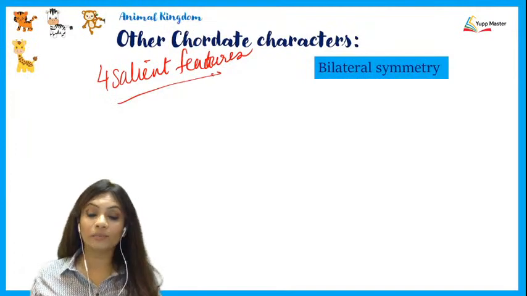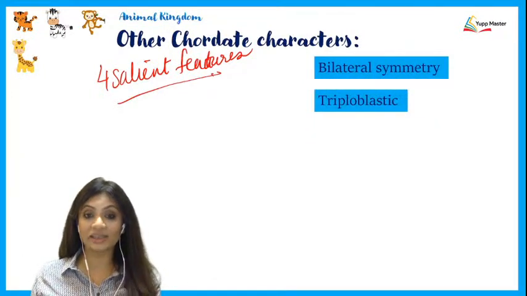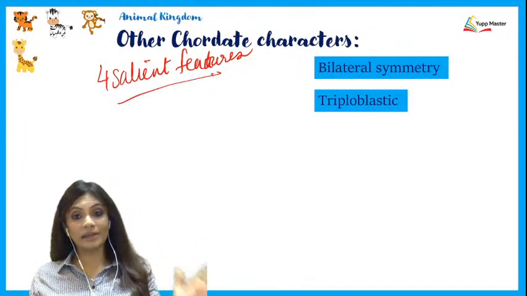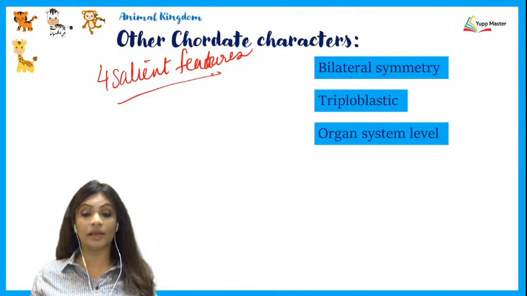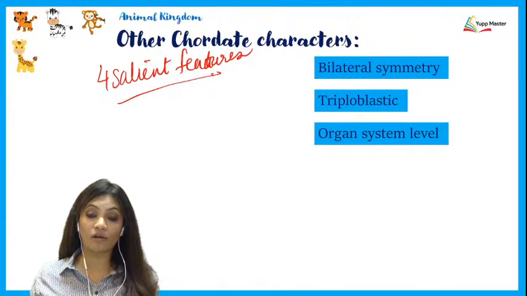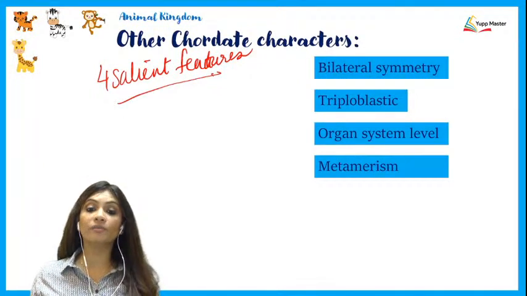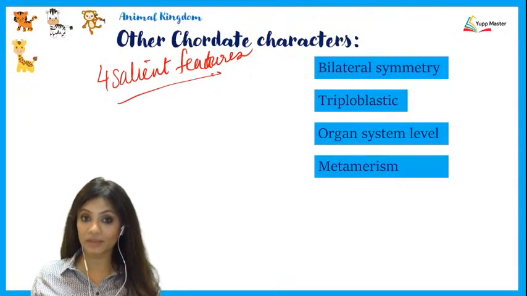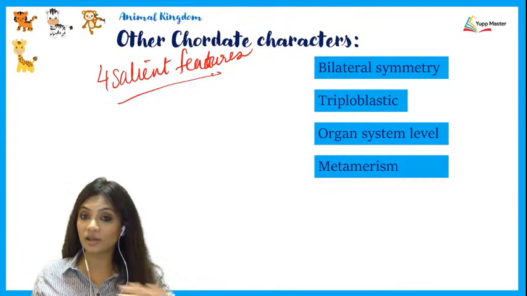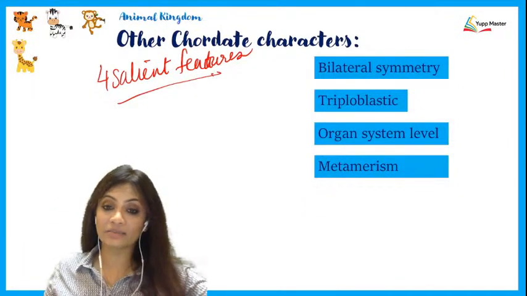Bilateral symmetry. They are triploblastic, meaning they have endoderm, ectoderm, and mesoderm. Their level of organization is strictly organ system level. They observe metamerism, remember that, where the internal coincides with the external, and that's what we call metamerism.